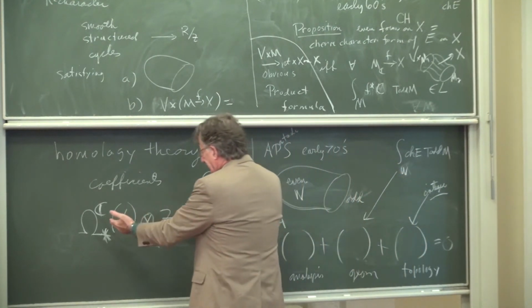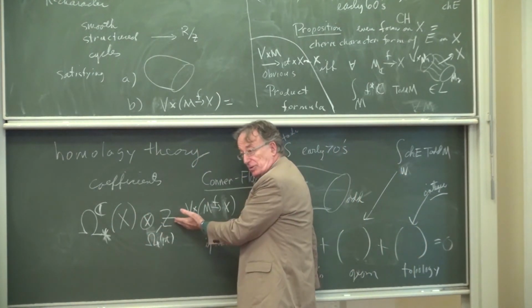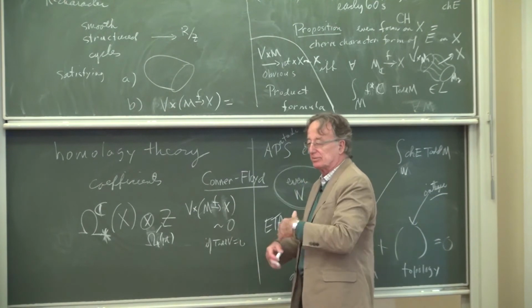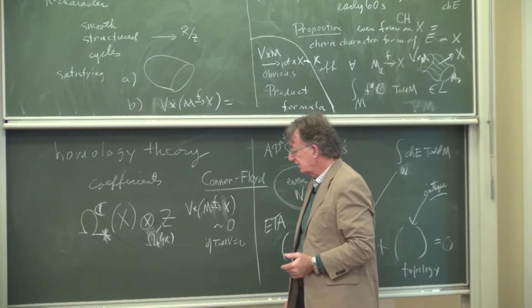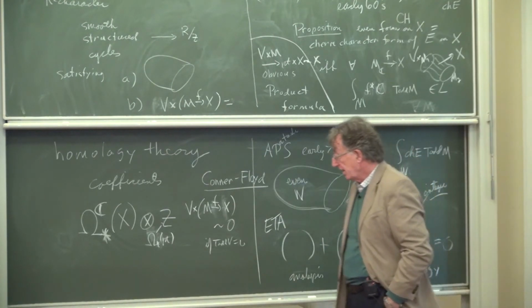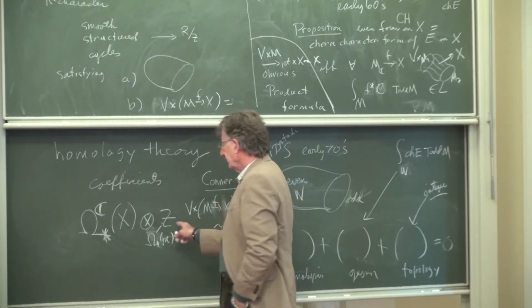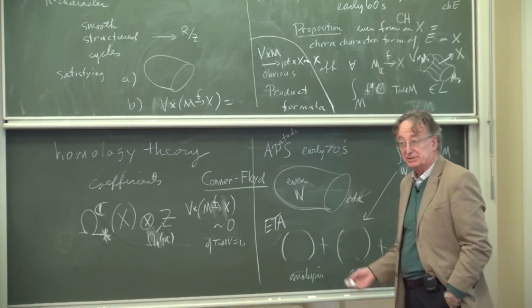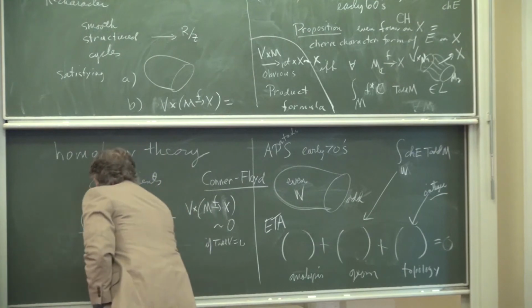But if you tensor an exact sequence with a module like this, you're not going to get an exact sequence. There's this idea of a flat module, which essentially means it's essentially free after you localize it. These modules are super non-free and super complicated. And Conner and Floyd proved this functor still satisfies the exactness. This is the homology theory. So this is a surprise.